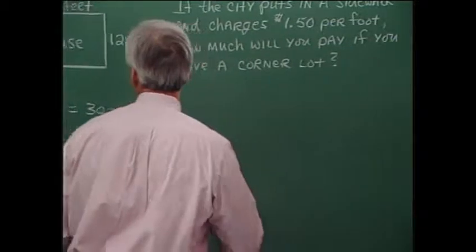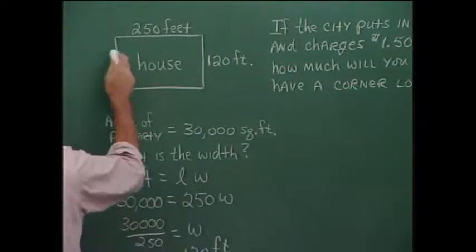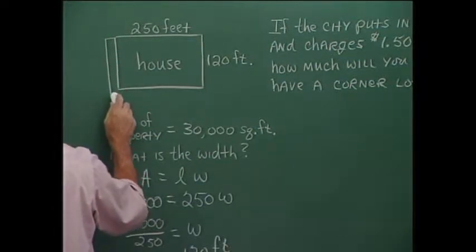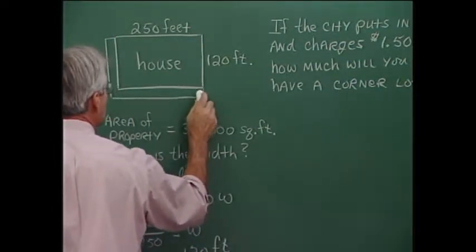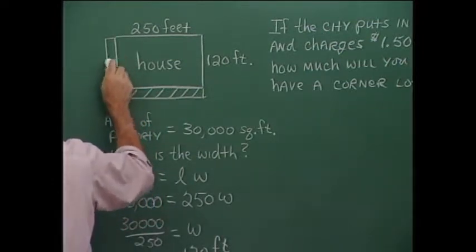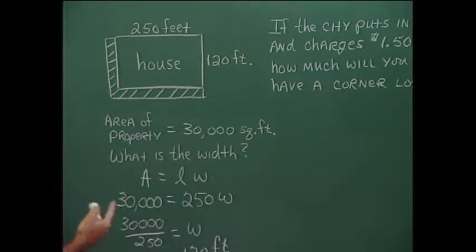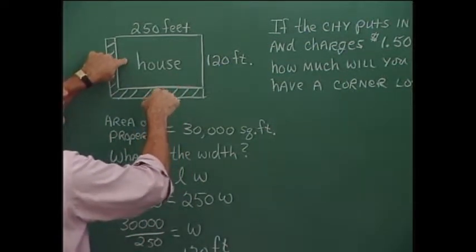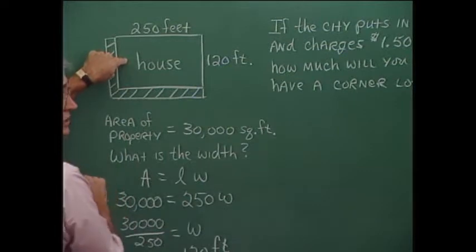It's this idea that if we have a corner lot, and let's just make it this corner that the sidewalk is going to make its appearance on. Okay, so there's the sidewalk. And the city charges according to the number of linear feet of your property to which it is attaching the sidewalk.